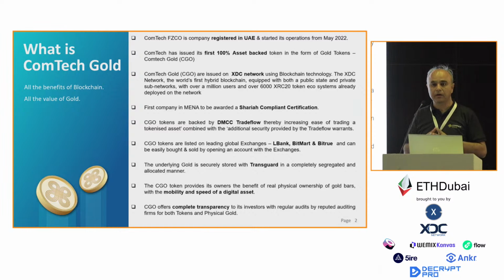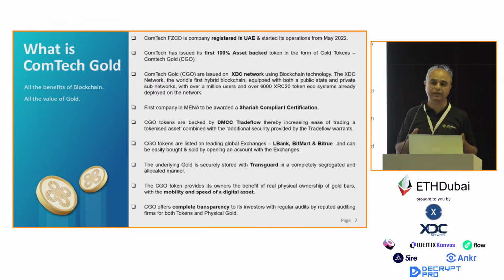Now, to add a governance layer to it, we have partnered with DMCC, where each and every 1 kg of gold is converted into a trade flow warrant. These trade flow warrants are legal contracts by the UAE government. So these contracts are validated and approved by the government of Dubai.